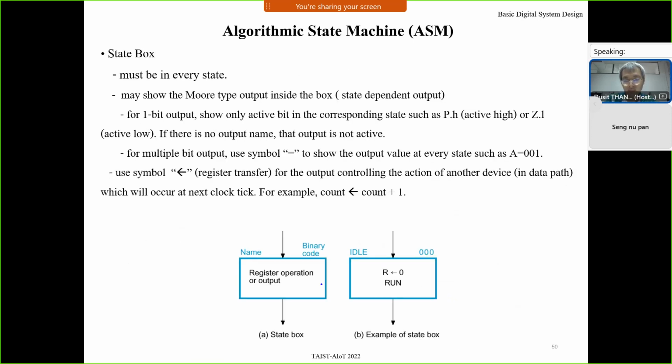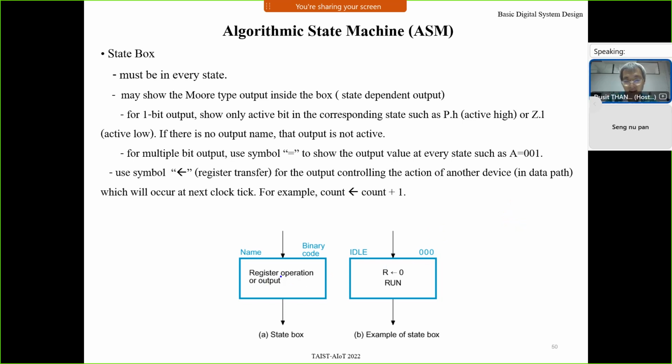The state box is composed of a state name and its binary code. For example, state initial with binary code maybe 000, or this example is state idle, state code is 00. The code may depend on the number of states. For example, if there are 4 states, the binary code may be only 2 bits.